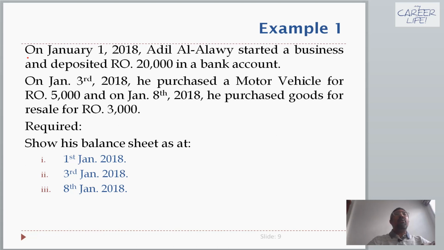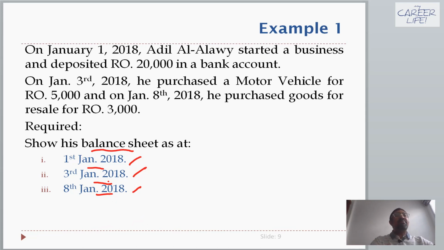So here we are required to show his balance sheet as at these three different dates. Remember, we said that the balance sheet of any business shows the financial position at any given time. So we are going to look at his position as at 1st of January, 3rd of January, and 8th of January.